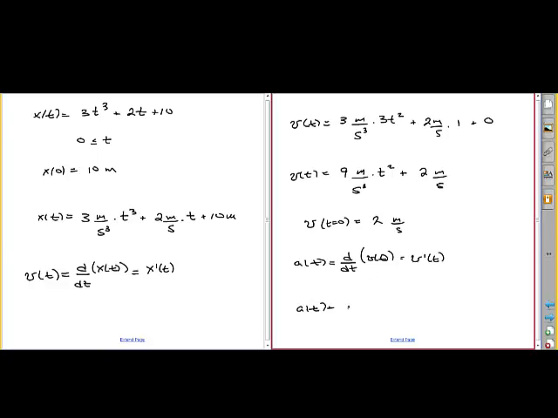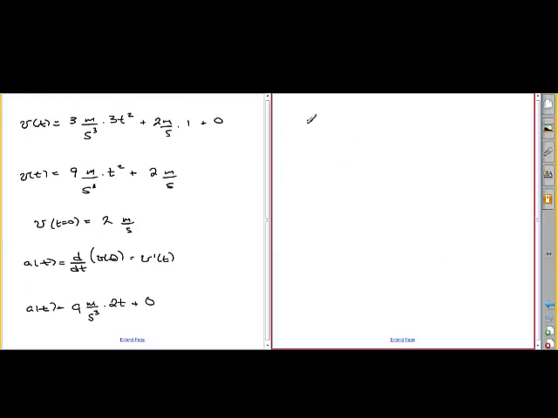This is a constant, so that comes down without change. So we get 9 meters per second cubed times the derivative of t squared, which is 2t. The derivative of 2 is 0. So the acceleration as a function of time is going to be 18 meters per second cubed times t.